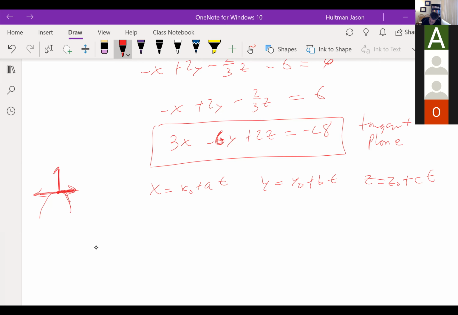But we know that del f is the normal vector to this tangent plane. So del f is the normal vector, and v equals abc is the normal vector.